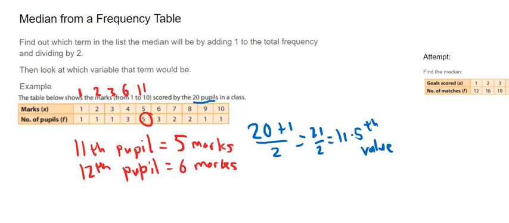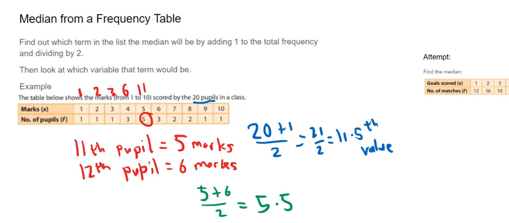And we were looking for the 11.5th value. The 11.5th value would be in between the two of these, in between the 11th pupil and the 12th pupil. So what you do then is we just do 5 plus 6 and divide it by 2, or you could try to think of what's exactly in the middle of 5 and 6, which would be 5.5. So 5.5 would be the median here.